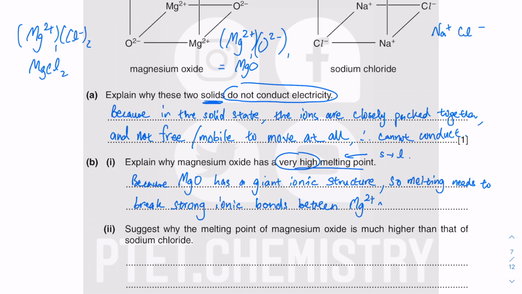Between Mg2 plus and O2 minus. So this is not a fixed answer because it depends on what compound they've given you. They've given you magnesium oxide, which consists of Mg2 plus and O2 minus. So your strong ionic bond is between Mg2 plus and O2 minus in the context of the question. Different ions, then you give different ions. All right. So therefore, a large amount of energy is required.